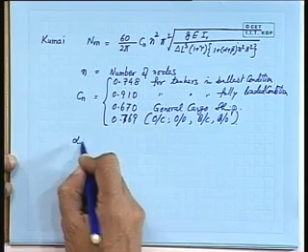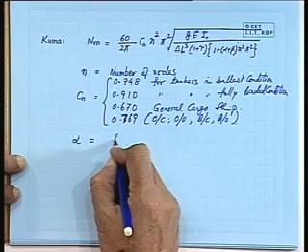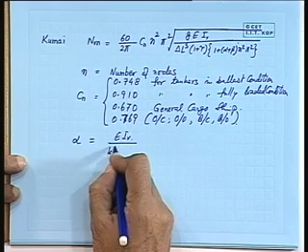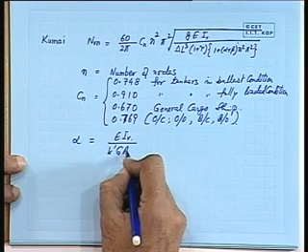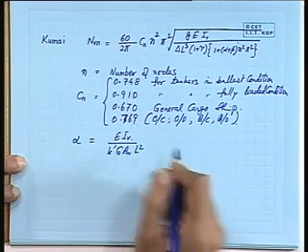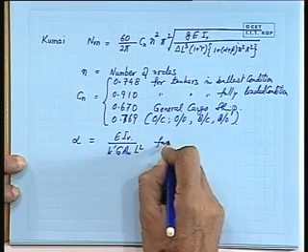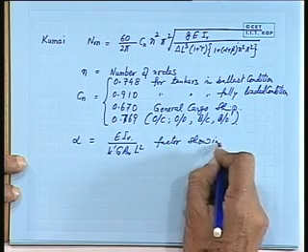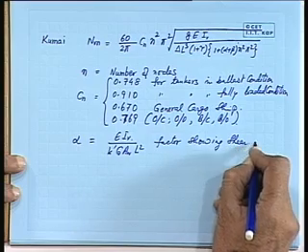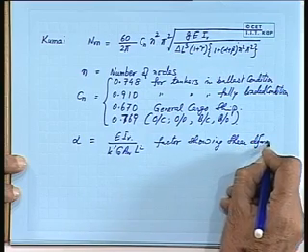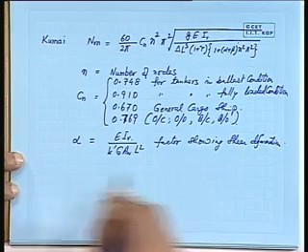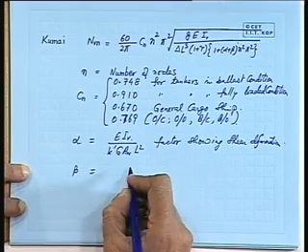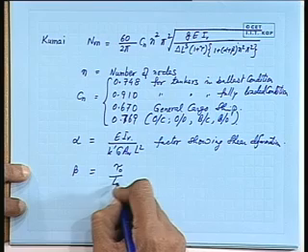Then the coefficient alpha is EIV by K dash G AW L square. This is the factor showing shear deformation, or the shear deflection effect. Beta factor is some tau 0 by L square.